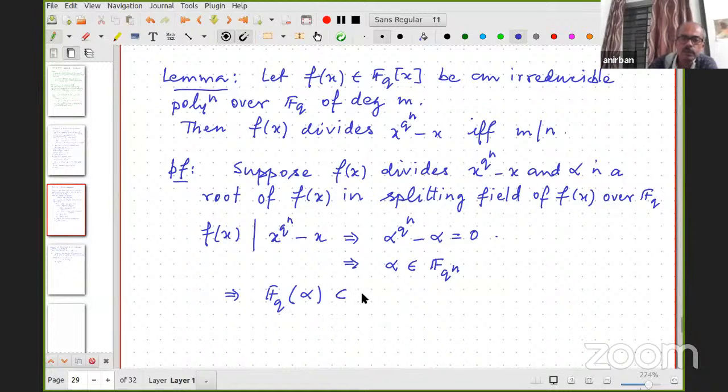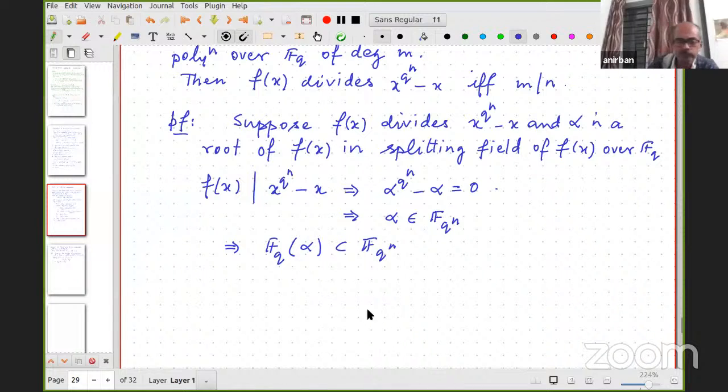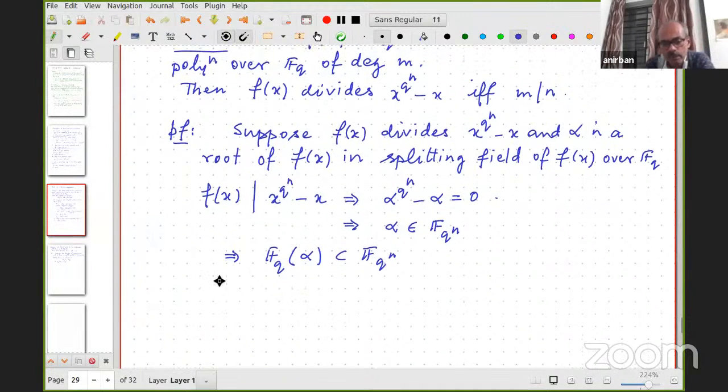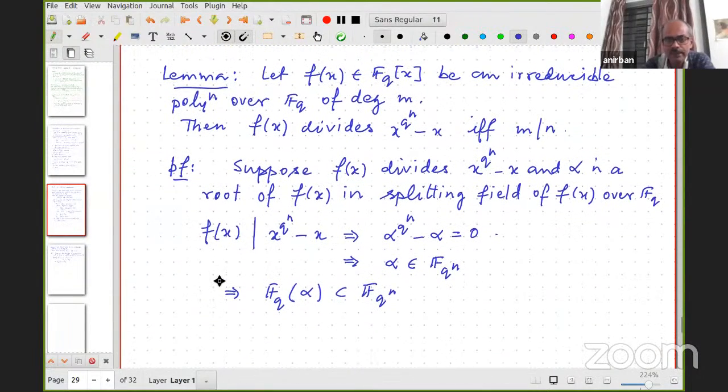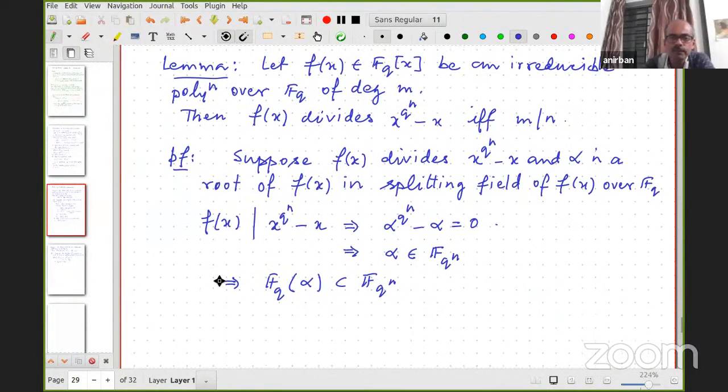That's going to be inside F_{q^n}. Now we use the fact that f(x) is irreducible of degree m.